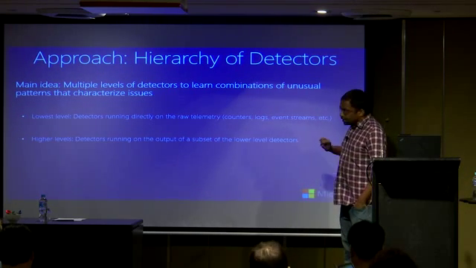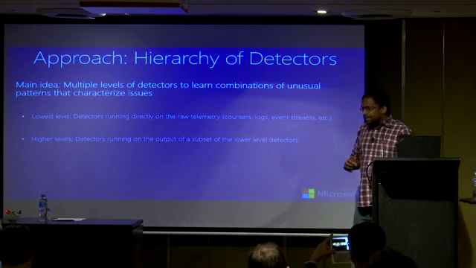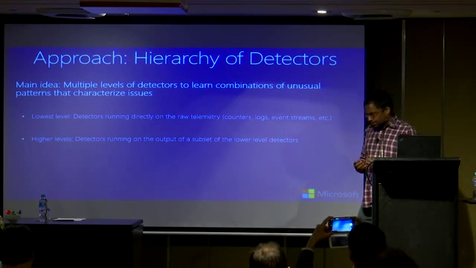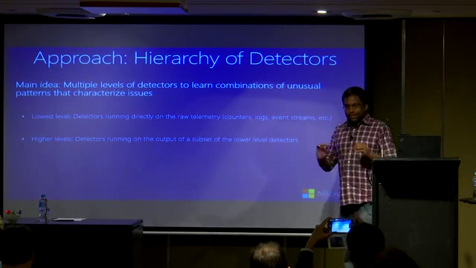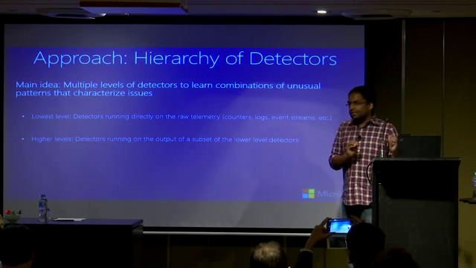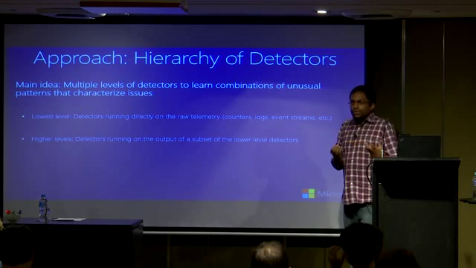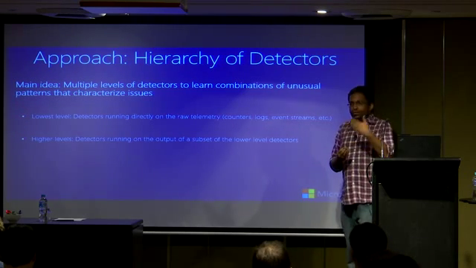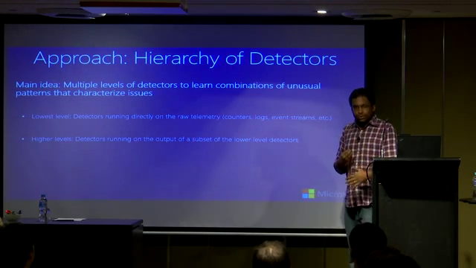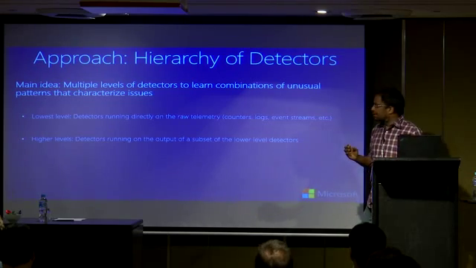Okay, so let me quickly summarize the main ideas, and I'll walk you through the main steps of the algorithm. What we are trying to build is a hierarchy of detectors, right? For the purposes of this talk, just think of a detector as a function that takes some input time series and computes an output score that says how unusual that time series looks. So a high score means very unusual, and a low score means perfectly normal.